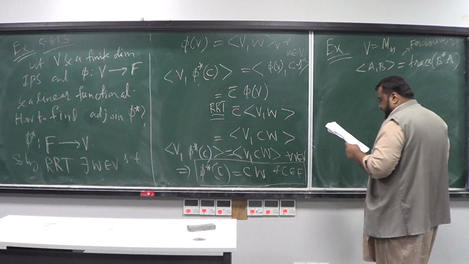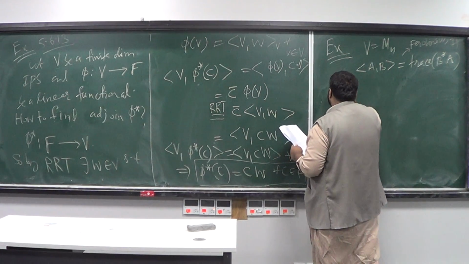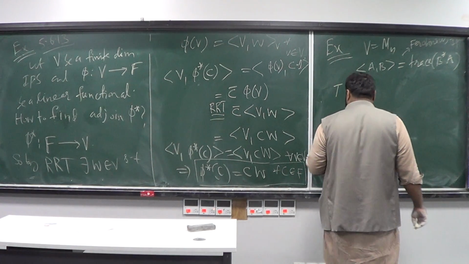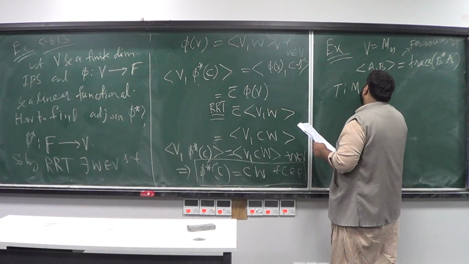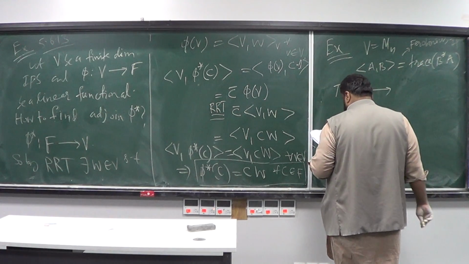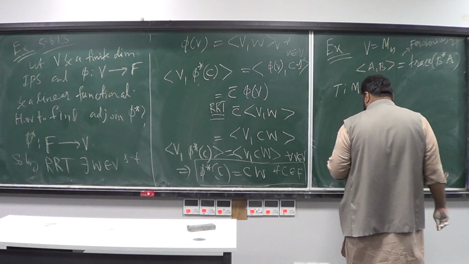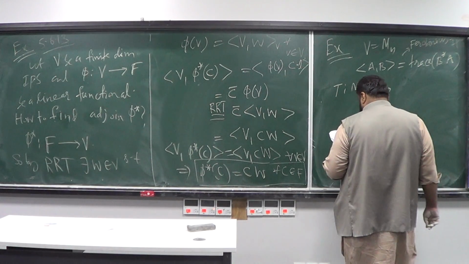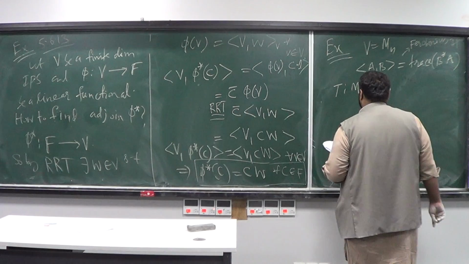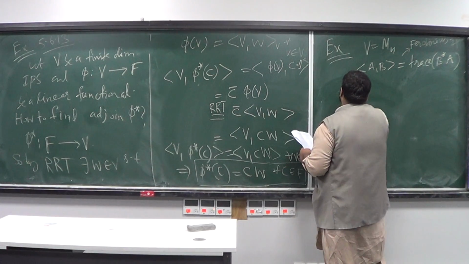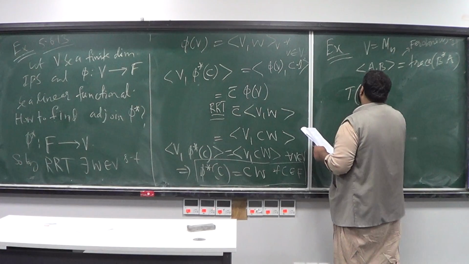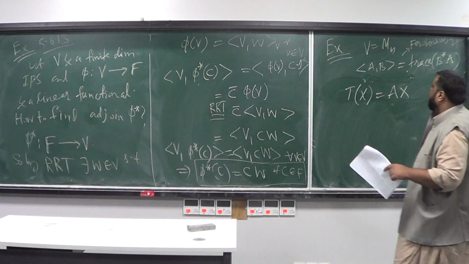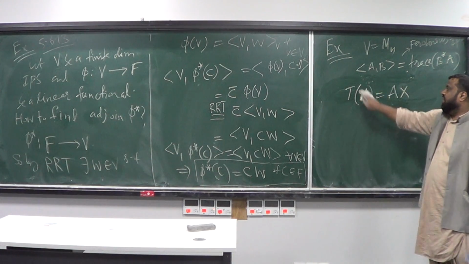And I would like to define a linear transformation that goes from Mn to Mn. Let me define, for example, an operator T of X equal to AX.